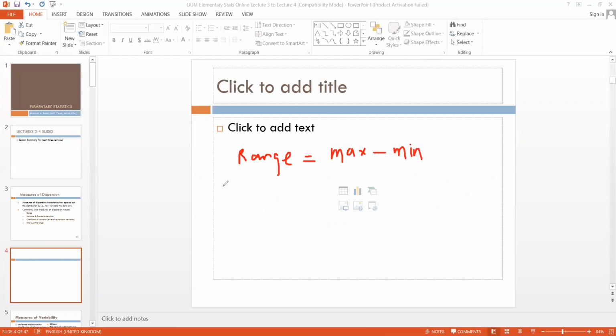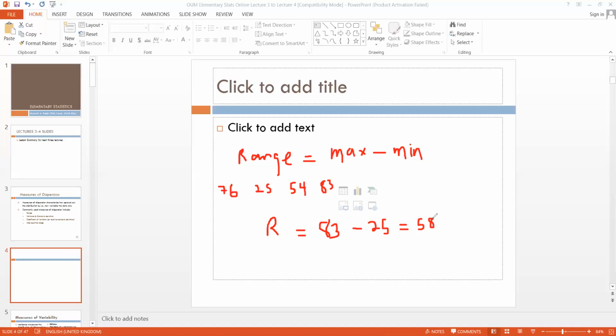So if we have data like 76, 25, 54, 80, 83, then our range will be the maximum minus the minimum, which is 83 minus 25, which is 58.